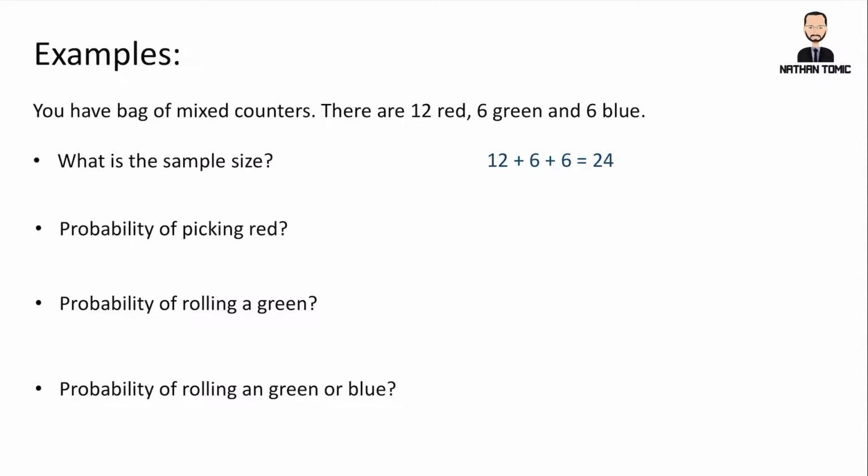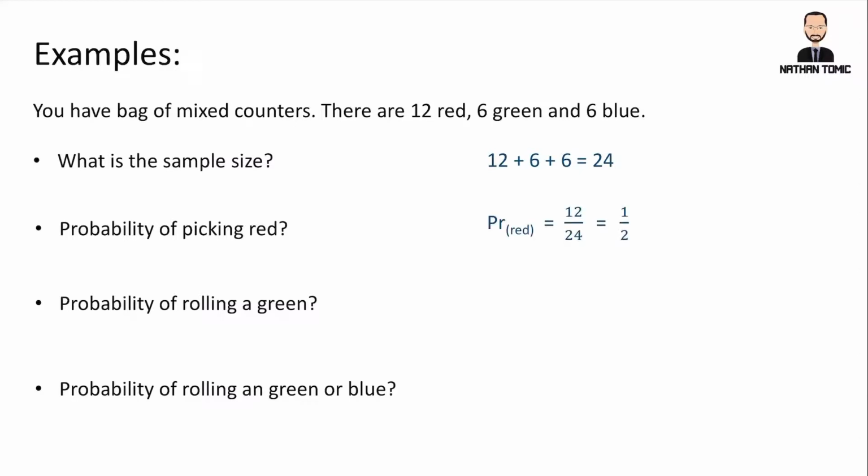Now, what is the probability of picking a red counter? So just like before, we're going to look at how many reds are possible in our sample. Then we're going to divide that by the total size of our sample, which is why we got asked the first question. So how many reds are there? There are 12 reds. That's what it tells us up the top. And we know from the first part of the question that there are 24 counters in total. So our sample size is 24. So we've put those bits of information into our formula.